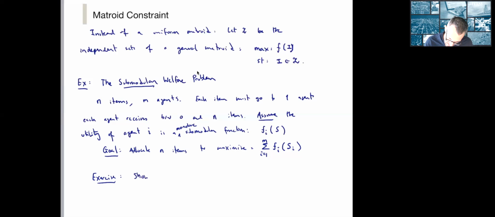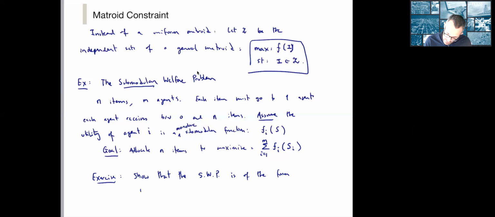So the exercise is to show that the submodular welfare problem is of the form max f of I subject to I in ℐ, for ℐ a Matroid and f some monotone submodular function. Okay, so this is a generalization of what we saw before.